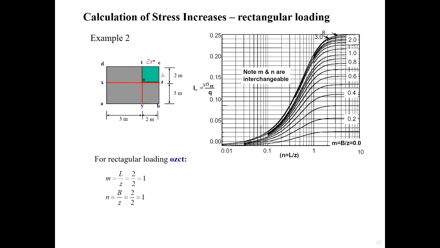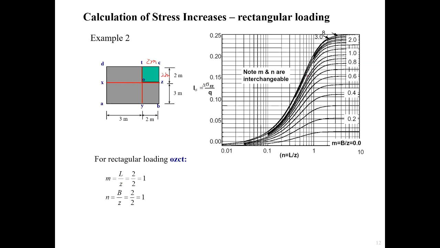So M equals L over Z, that's 2 divided by 2. Z is constant, 2 meters below the ground, already provided. So we get the ratio M equal to 1 and N equal to 1.